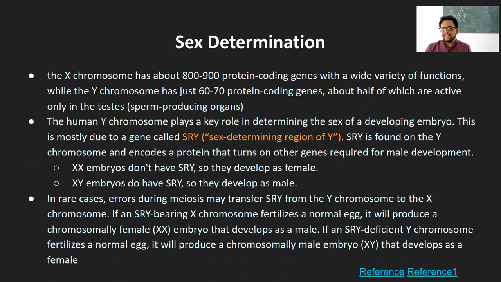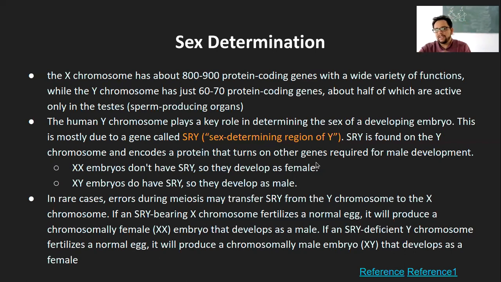So let's say that crossing over is happening between the X and Y chromosome during the gamete formation process, that is when the sperms are being formed. Ideally, half of the sperms will have the X chromosome and half will have the Y chromosome, but before they are formed, usually the Y chromosome and X chromosome undergo the meiosis process. That is when the crossing over happens.